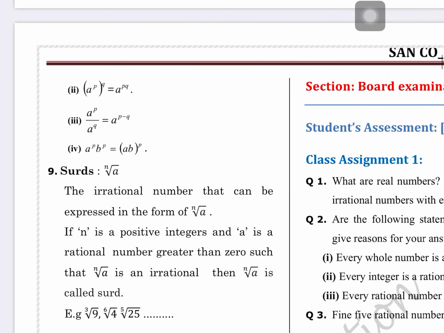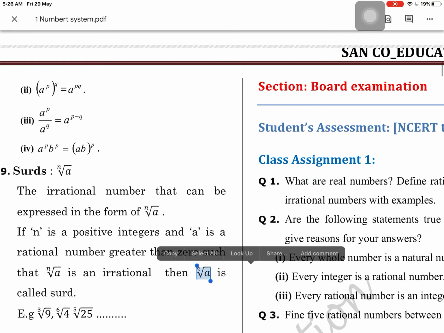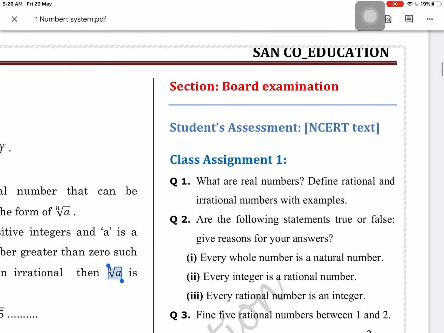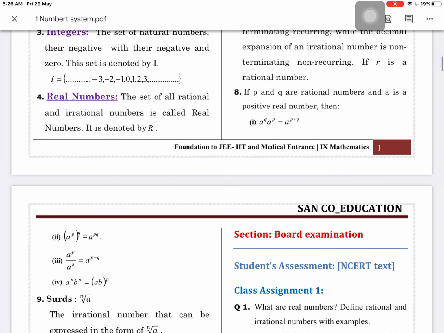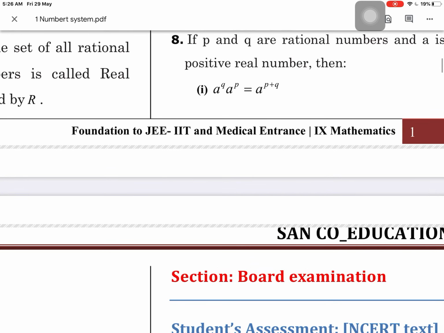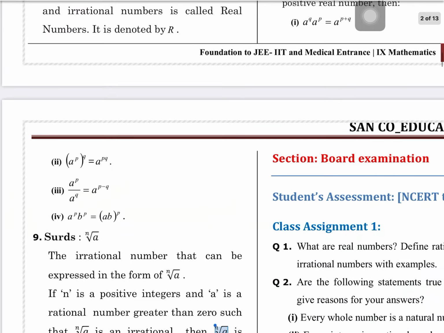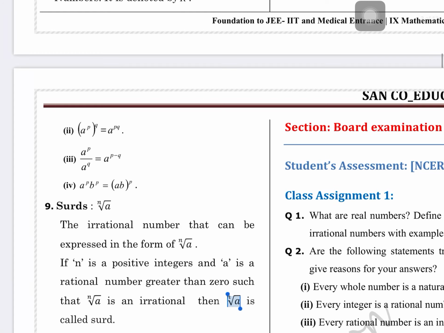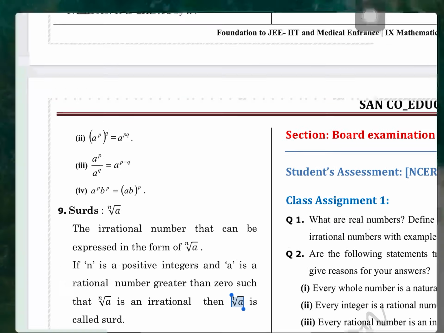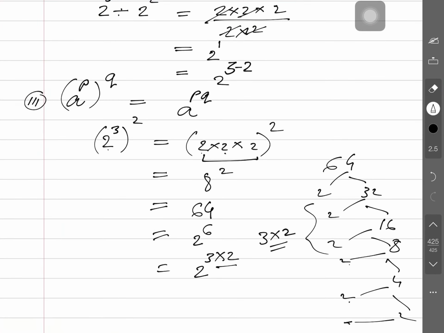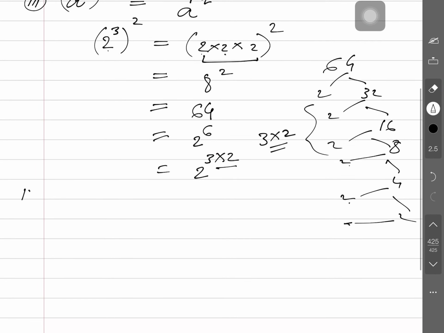Here, the first is the product, the second is the division, and the third is power of a power. With the same base and different powers, the powers get added in multiplication. The fourth law of indices we can make here: a to the power p and b to the power p.